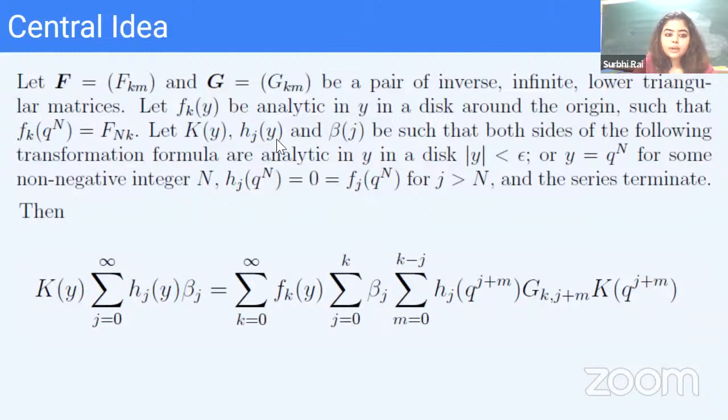We select k_y, h_jy, and beta j such that both sides of the following transformation formula are analytic in y in a disk, or y is equal to q raised to n for some non-negative integer and other terminating conditions, then this is the final expression we obtain.